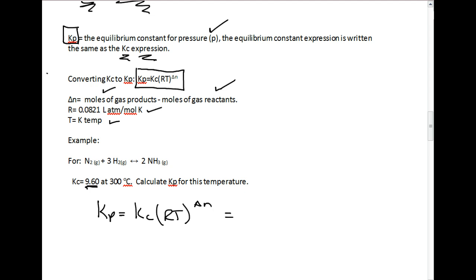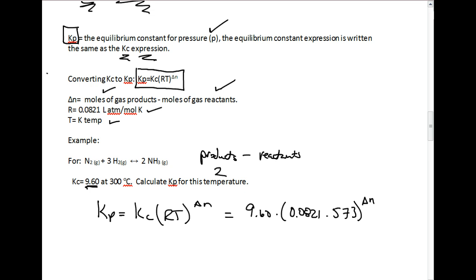So we're just going to plug some values in. Again, Kc 9.60 multiplied by 0.0821 multiplied by our temperature, which was 300 C. We're going to have to add 273 to that to get 573, and we're going to raise it to the value of delta N. Now, remember, delta N is going to be moles of gas products minus moles of gas reactants, and so we have 2 moles of products minus a total of 4 for the reactants, 3 there and 1 there, and so delta N is going to equal -2.